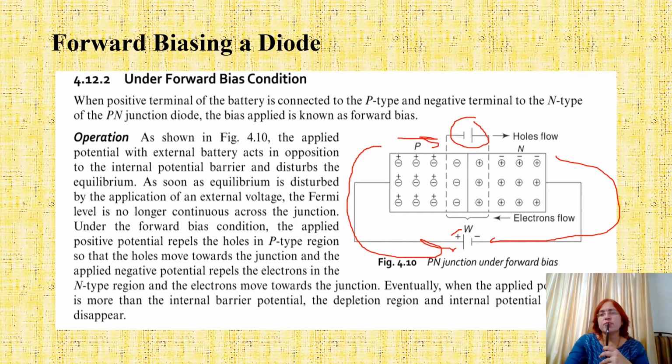Similarly, the negative potential here will repel the electrons towards the junction, and in this way width of the depletion layer decreases. As we go on increasing this forward potential further, at one point this depletion layer will disappear, as well as the barrier potential will disappear, and there will not be any opposition to the flow of charge carriers across the junction, and therefore a large amount of current flow takes place.